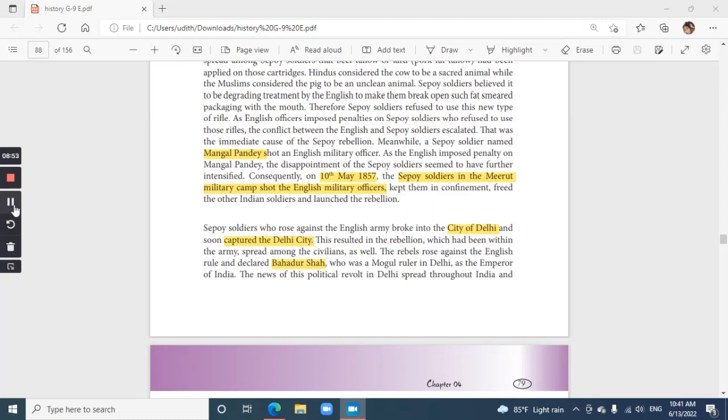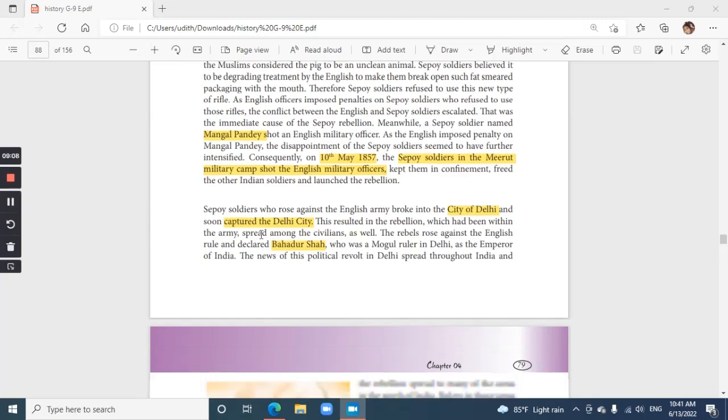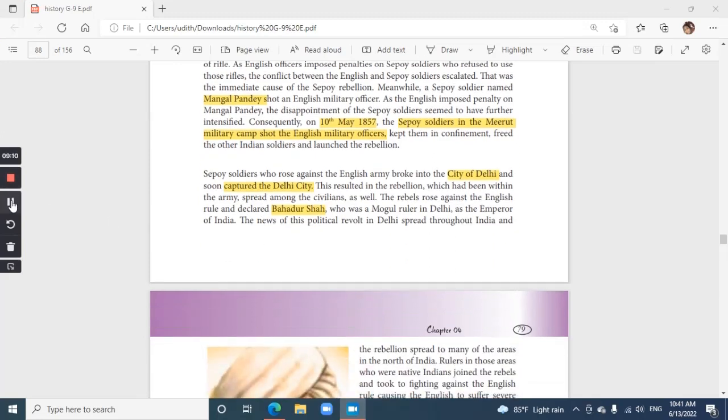So the Indian soldiers were under the English, and however, Indians fled from there and went to launch the rebellion. So the Sepoy soldiers went to the city of Delhi, and they captured Delhi.